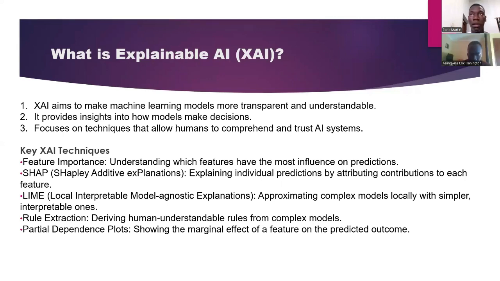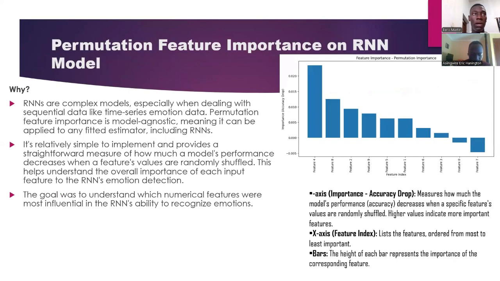Let's take a look at some of the techniques that we used. This is the permutation feature importance. One of our best performing models was the recurrent neural network using the GRU computation, and we're trying to find the important features in the data.